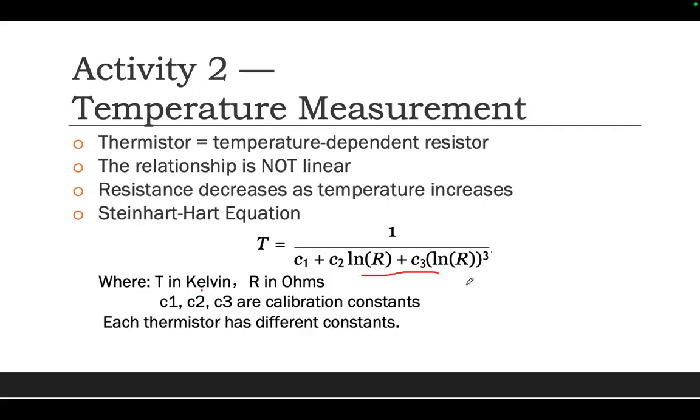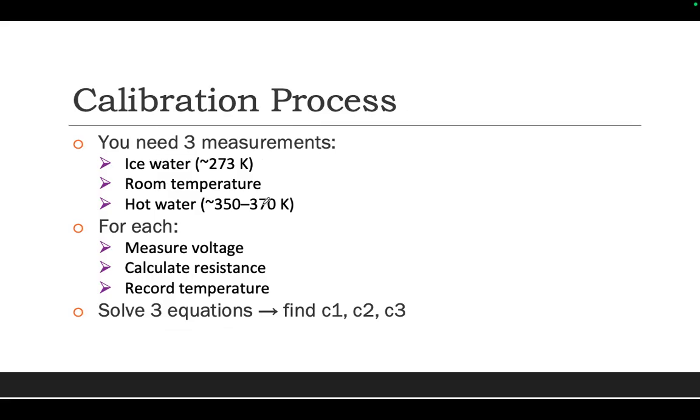You have 3 unknowns, which means you need 3 different equations. That's the reason you need 3 different measurements. Then you can solve the 3 equations to find C1, C2, C3. Any questions so far?